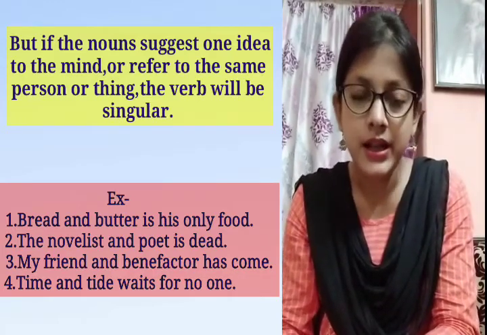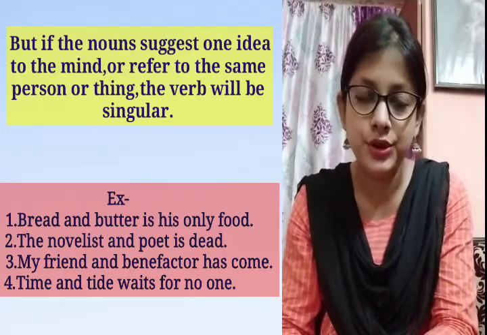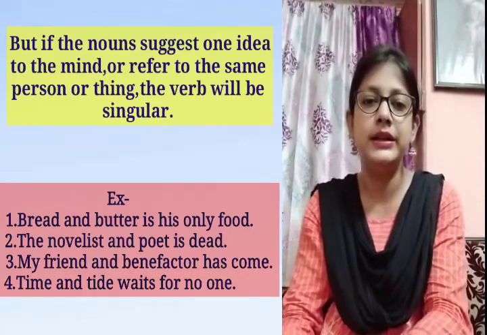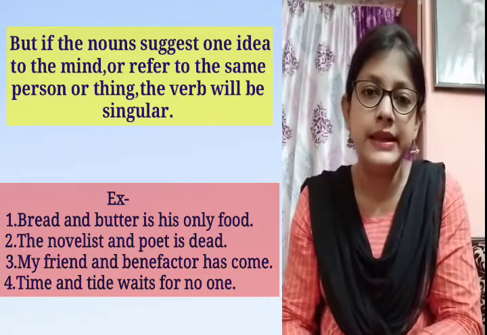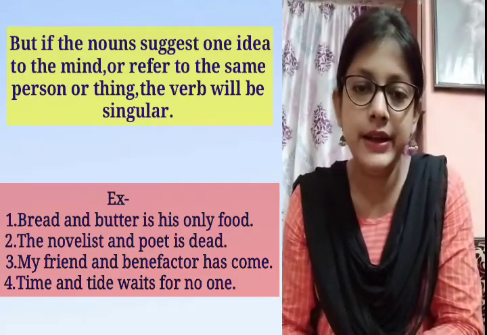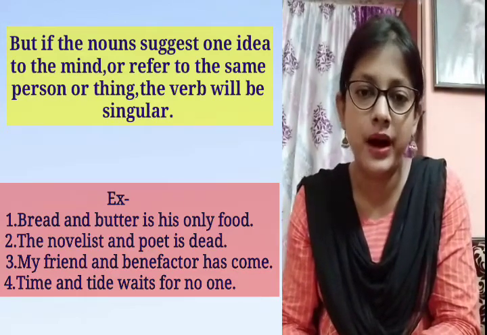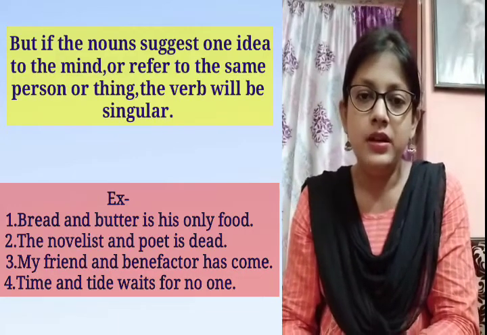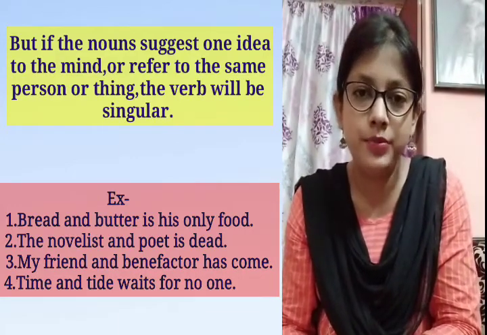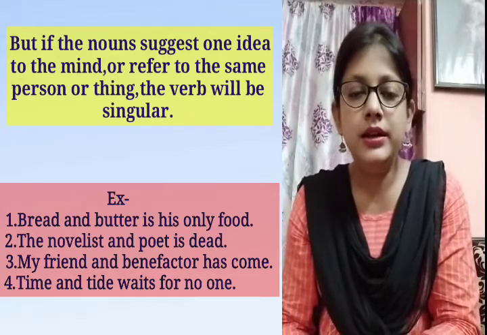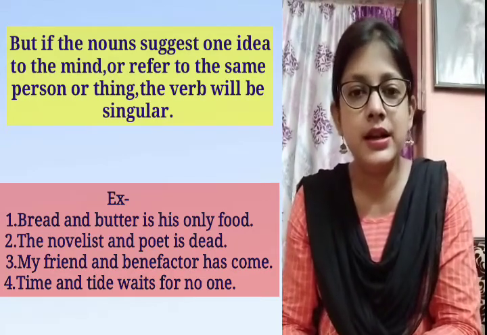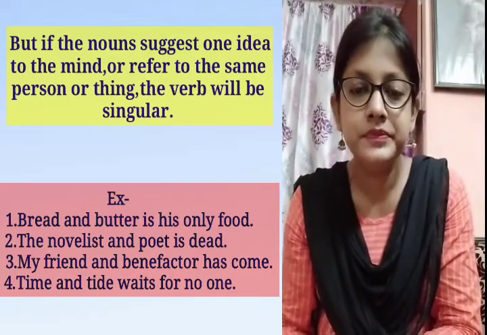Bread and butter is his best food. Here bread and butter indicates one single food. That's why it takes a singular verb, that is, is. Next, the novelist and poet is dead. Here the novelist and poet is the same person, so that's why is is placed here.